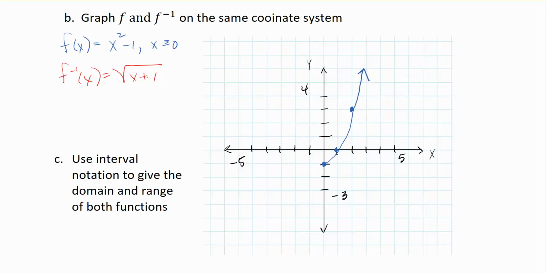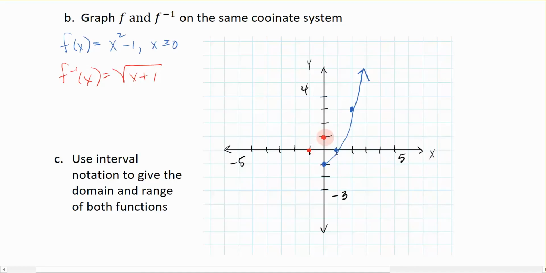Now, how do I draw the inverse function, the square root of x plus 1? Well, that's a square root function that's been shifted to the left by 1. So my square root function is going to start at the origin, but I shift it to the left by 1. I know I have another point up here at 1 away, right? Up 1, over 1.